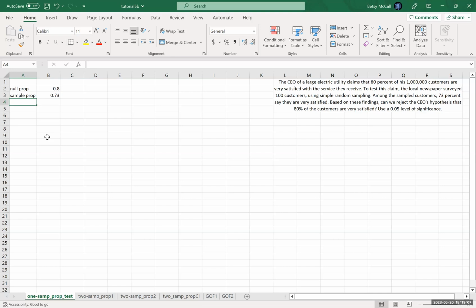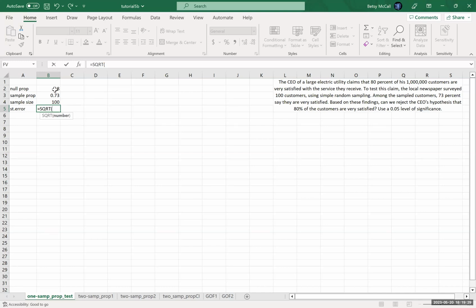And then from these, we want to go ahead and calculate our standard error. The reason I'm going to calculate the standard error separately is that it makes my test statistic calculation a little bit easier. The square root is, we use the null proportion, not the sample.